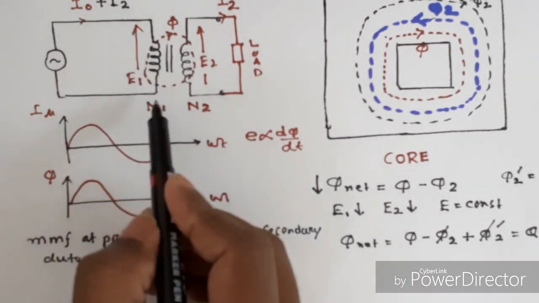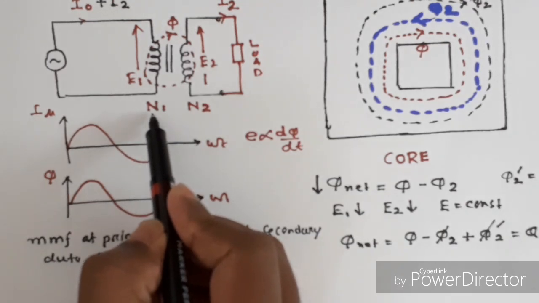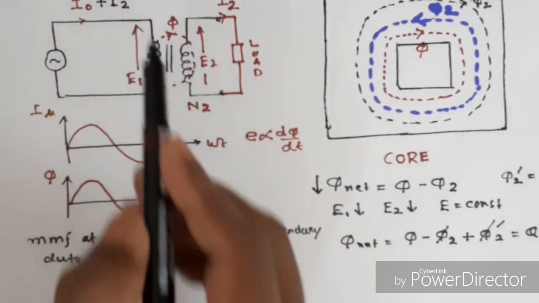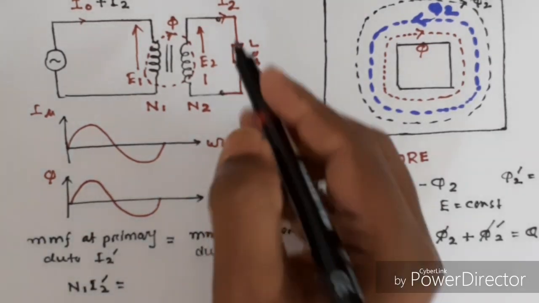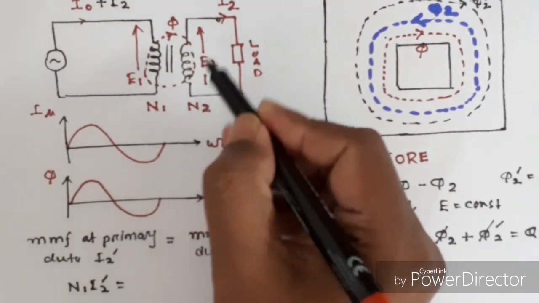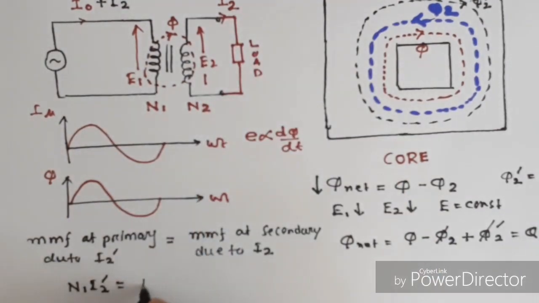Primary winding: number of turns N1, current I2 dash. Therefore, N1 into I2 dash equals the number of turns N2 into current I2, N2 into I2.